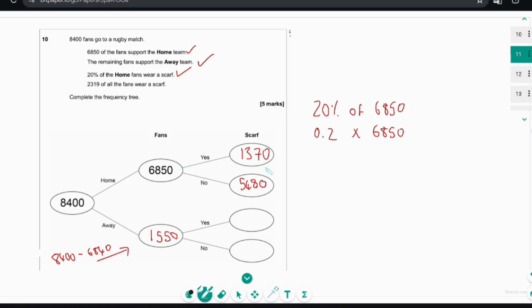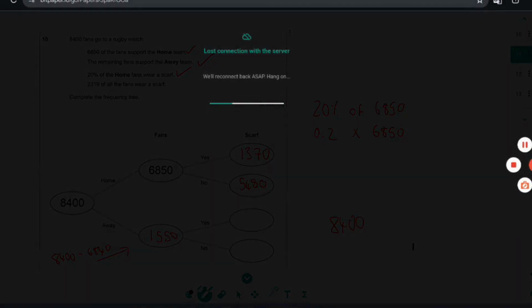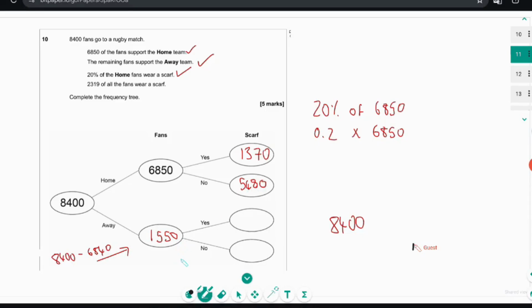So in total we have 8,400 fans. Now 2,319 of the fans wear a scarf.